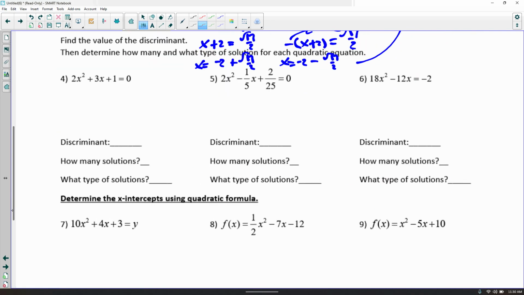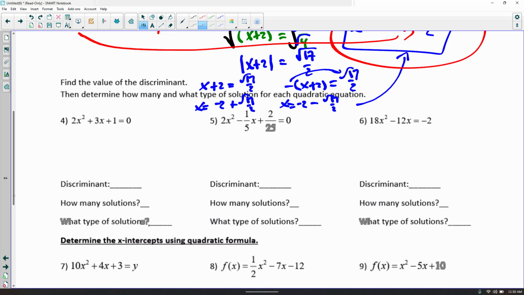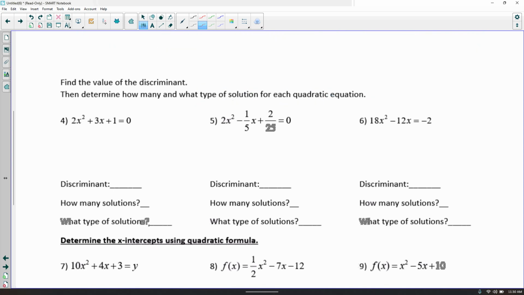All right, let's take a look at the second part, 4, 5, and 6. When you see discriminant, what do you think of? I think a quadratic formula. What part of the quadratic formula is it? It's the what?